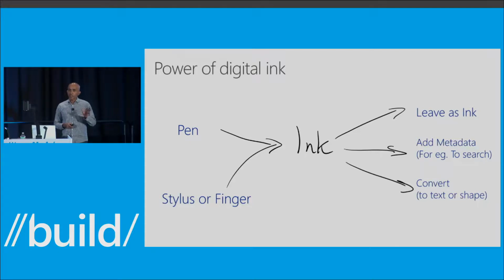A side note here, since I get this question asked a lot: what's the difference between a pen and a stylus? A pen like this that ships on Surface 3 is a precision device. It actively communicates with the device. It is great at capturing details.